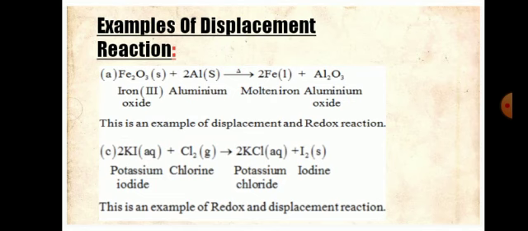If you combine potassium iodide with chlorine, you get potassium chloride and iodine, that is 2KCl, which is an aqueous solution, plus I2, which is solid iodine. This is an example of a displacement reaction as well as a redox reaction. As I said already, redox reaction is all about the reduction and oxidation process, and you can see that reduction and oxidation take place in this second equation. These are some examples of your displacement reaction.